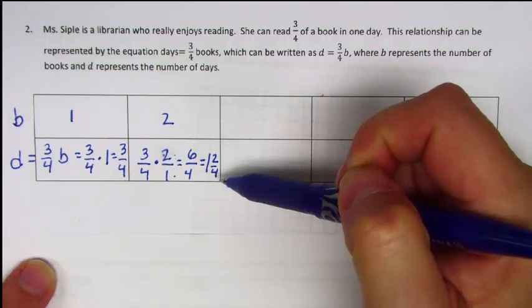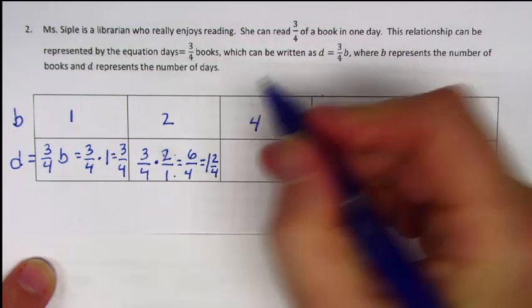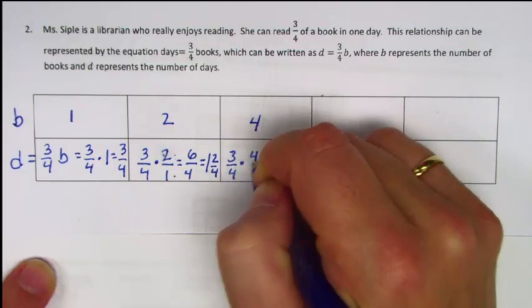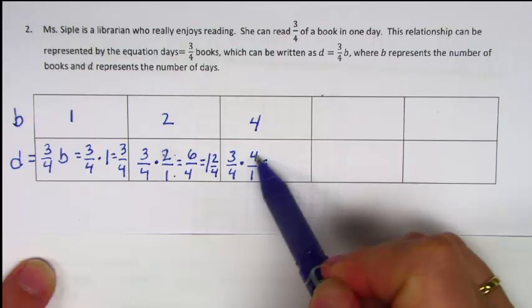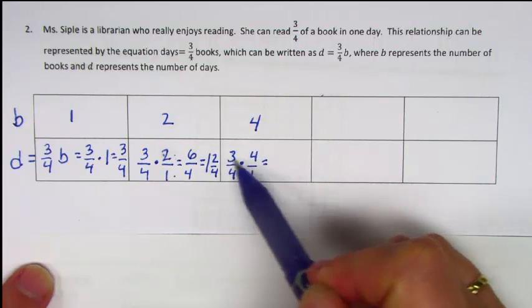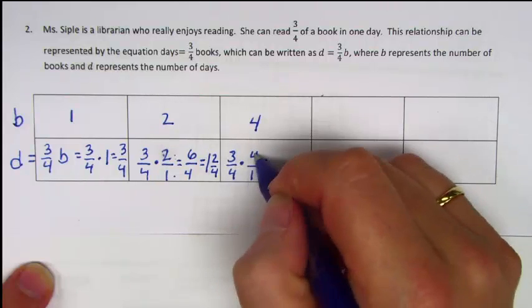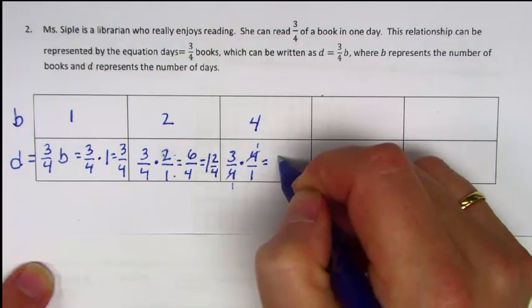Well, that still gave me an odd fraction. What if I look at the number 4? 3/4 times 4 over 1. Well, this is interesting. I have a 4 on the top and a 4 on the bottom of a multiplication problem. I could do something called cross-canceling and divide the 4 into each of these and get 1. That gives my answer of 3.